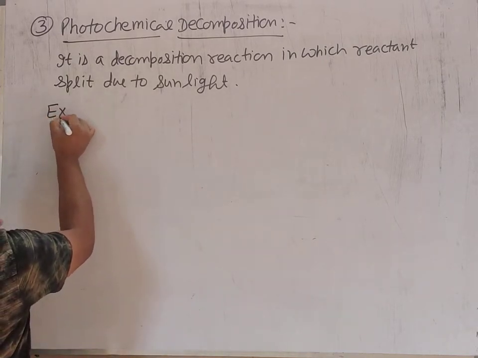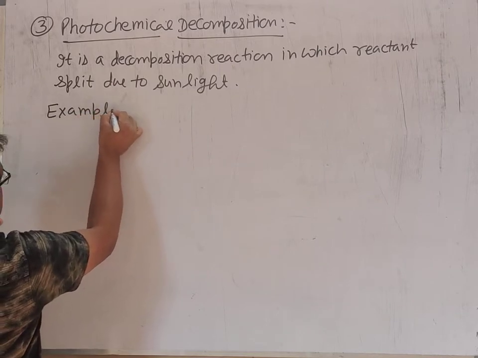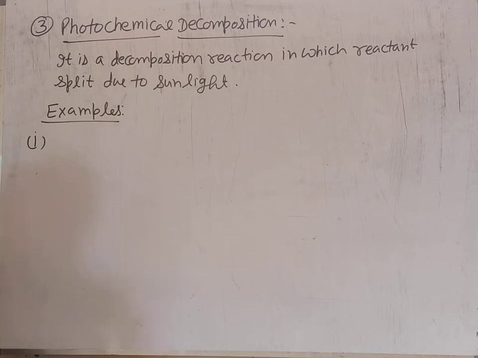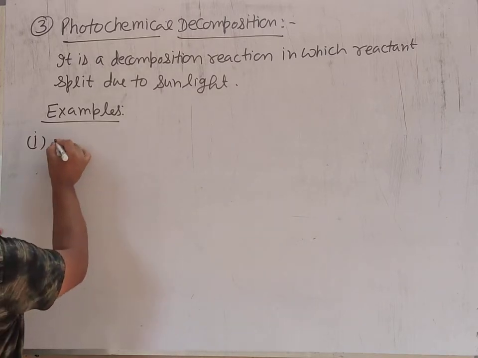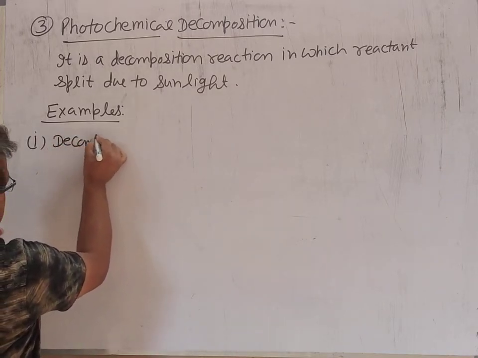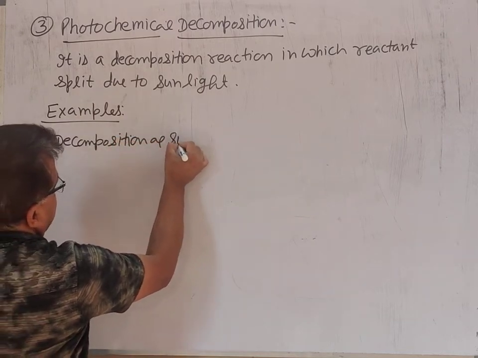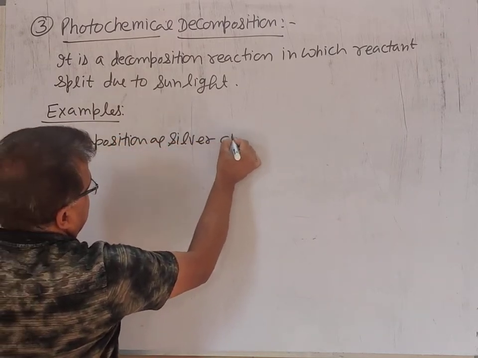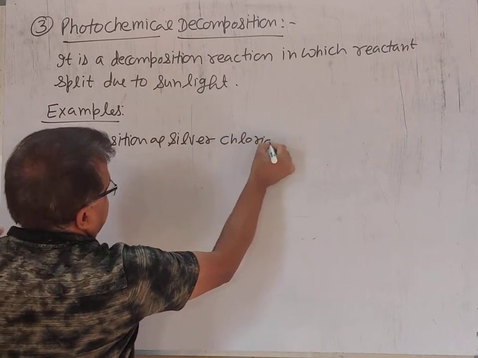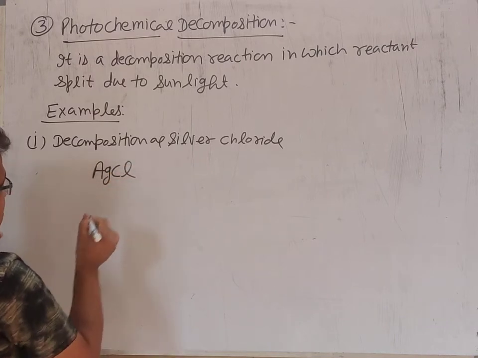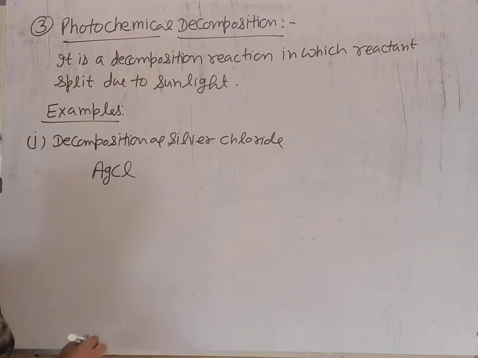For example, decomposition of silver chloride. The formula of silver is Ag and chlorine is Cl, so it is silver chloride, AgCl.